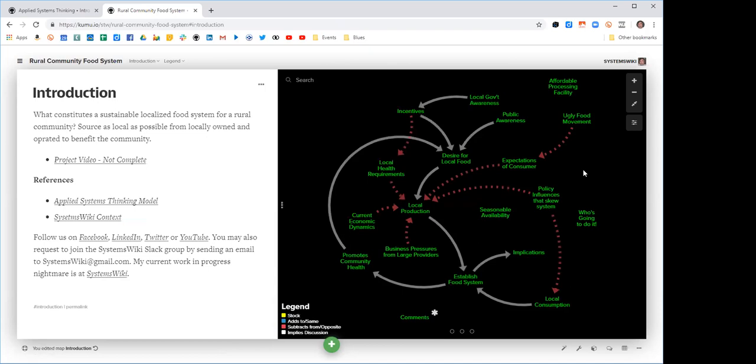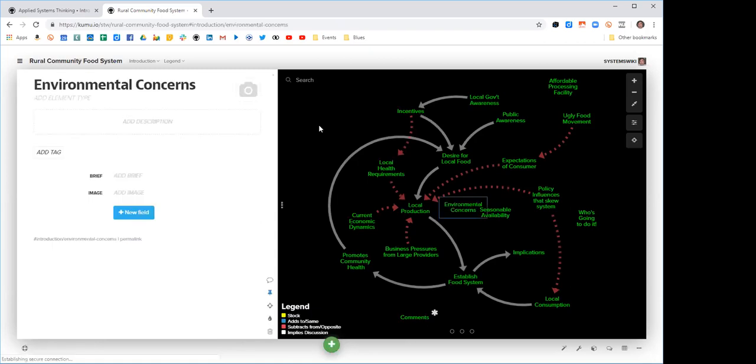For instance, the environmental aspects may not always drive towards local production. At the same time, if you need to make a living for local farmers, environmental concerns might not be the first thing on your mind.